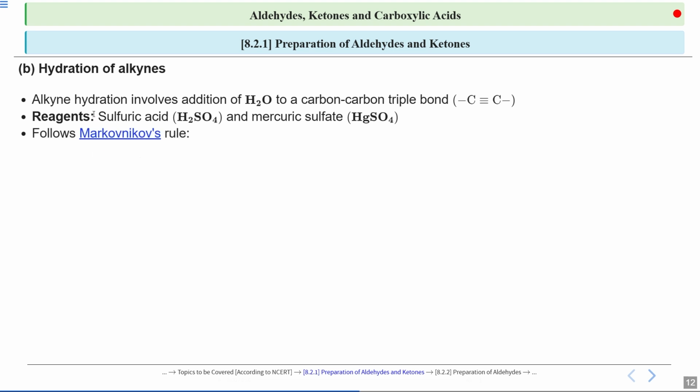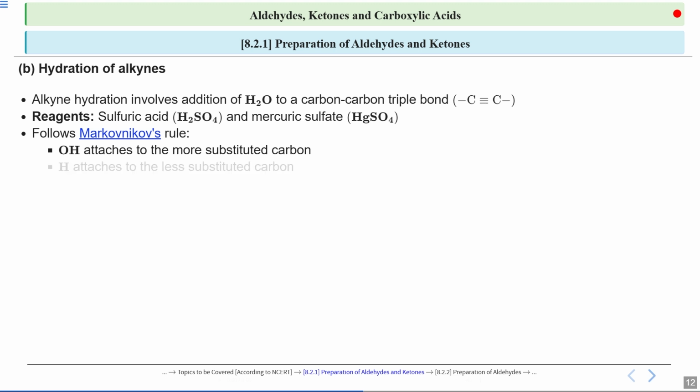Now, remember that this hydration of alkyne follows Markovnikov's rule. According to this rule, the OH group from water attaches to the more substituted carbon. This means it will bond with the carbon which has more carbon atoms attached to it.